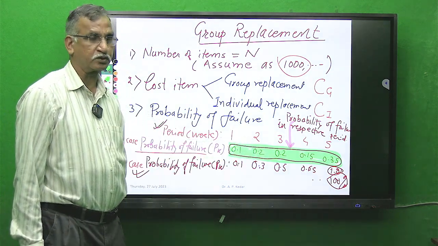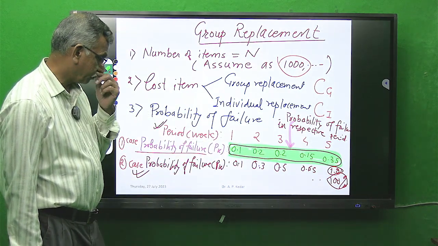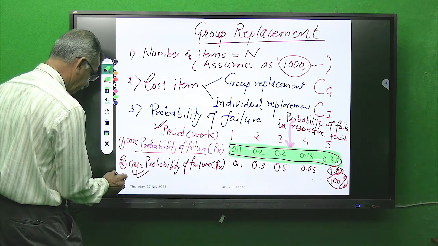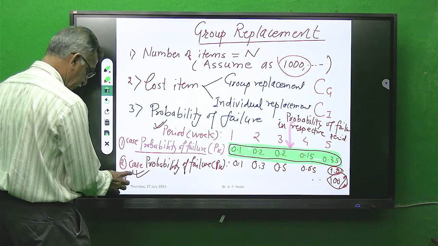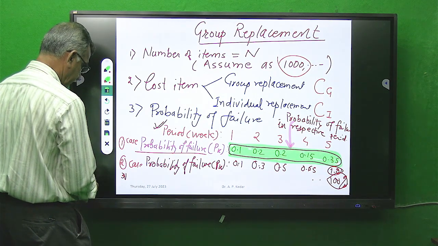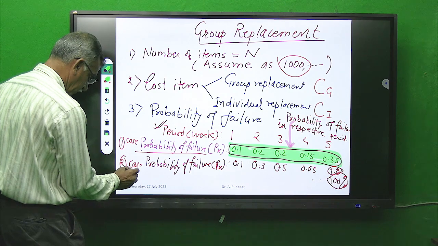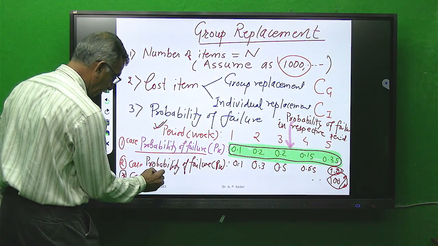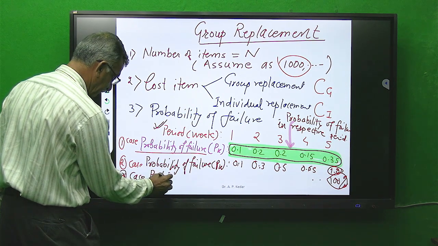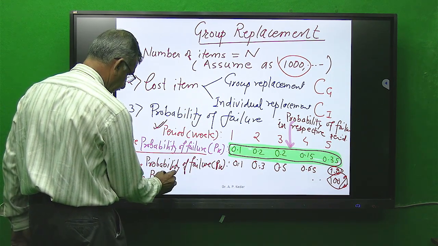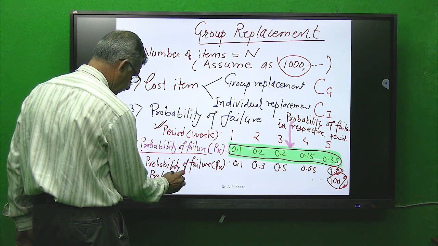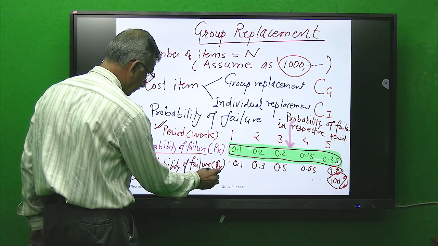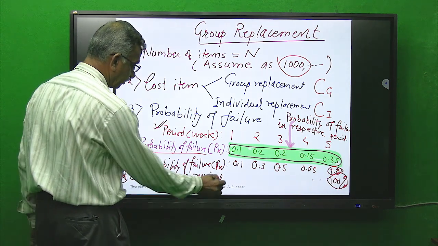Very, very important discussion. The third way of giving probability, the third case, is very important: probability of survival.